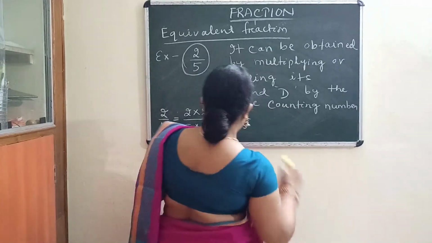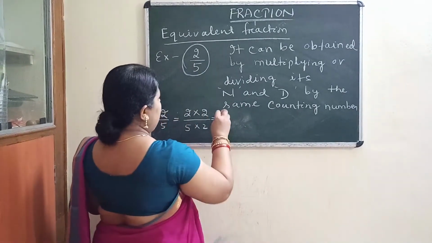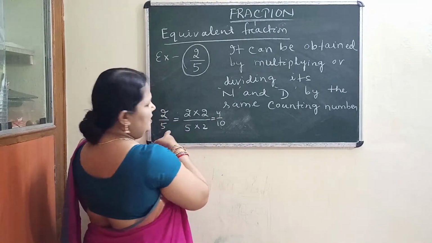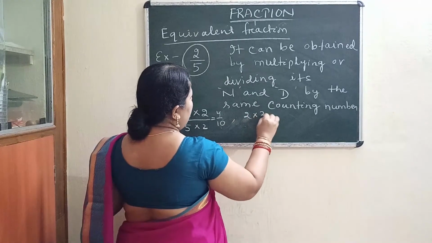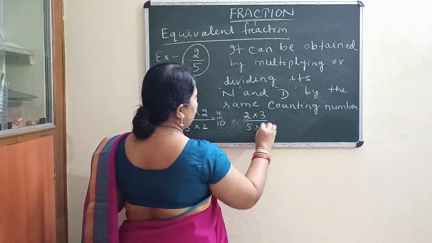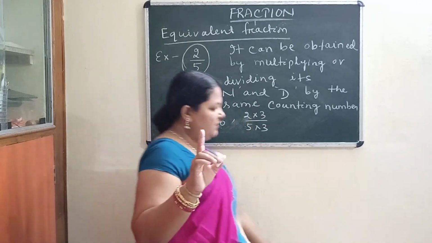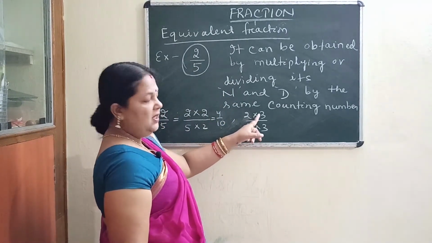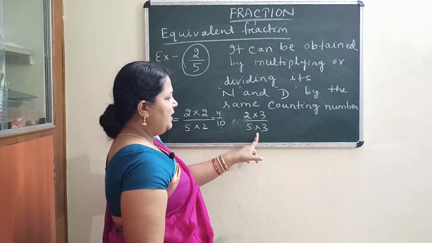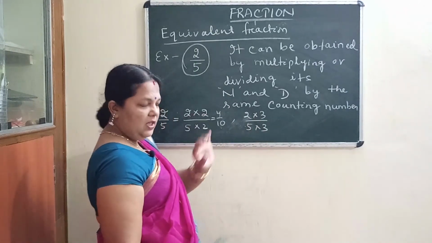Yes. Another, 4 by 10 is one equivalent fraction. Another, 2 into 3, 5 into 3. Any number you will select for multiplication or division, you have to multiply or divide both numerator and denominator with the same counting number.